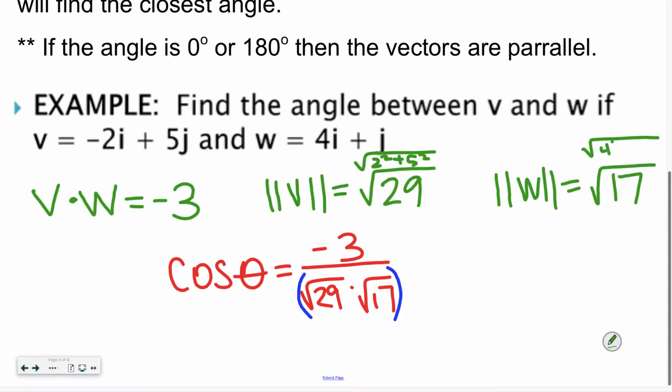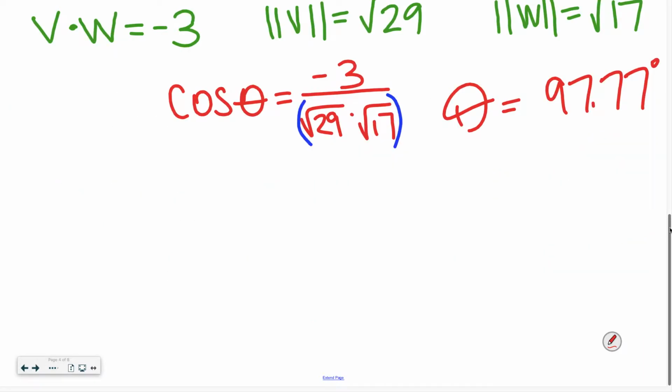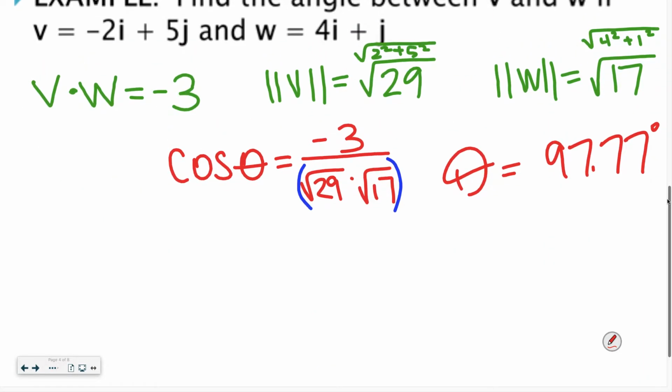So we take 4 squared and 1. What angle do you get? 97.797.